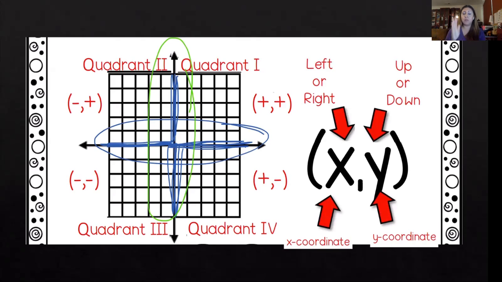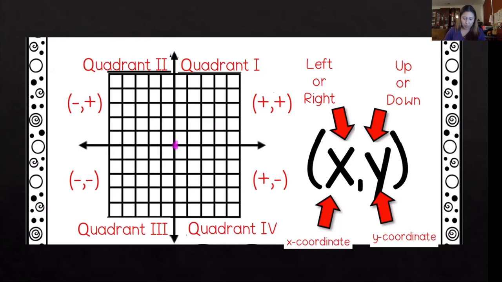The positive and negative tells you the directions that you guys are moving. However, whenever it comes to you guys starting to count, I want you guys to remember that we always start at the middle and then start moving left and right and then up and down. All right. And I will show you guys an example here in a second.